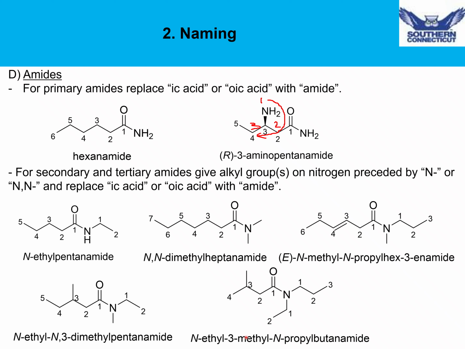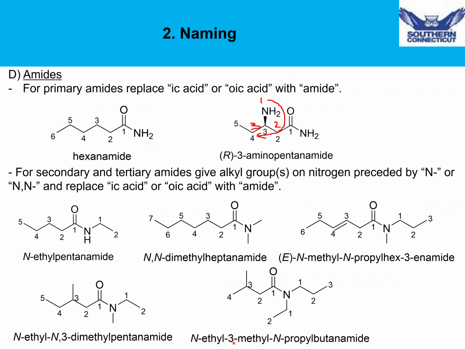Last thing is we have an example here where we have a propyl group and an ethyl group. We also have a methyl group on carbon 3. So we indicate where the substituents are with the locant. The N-ethyl tells us we have a nitrogen on the amide with an ethyl group.